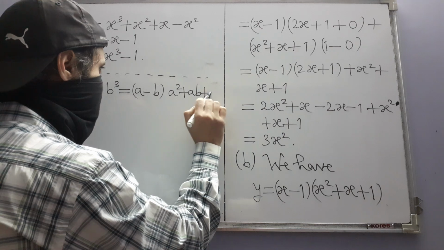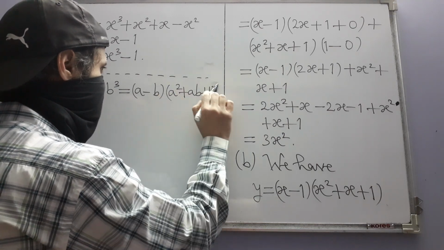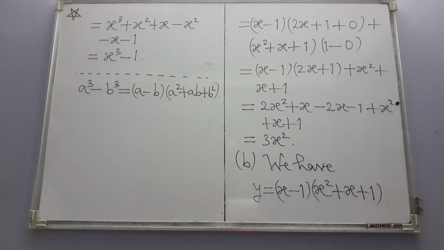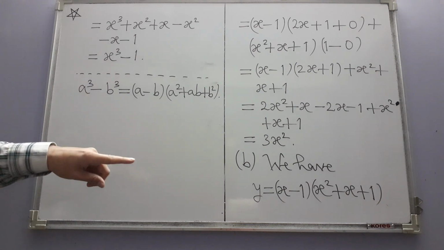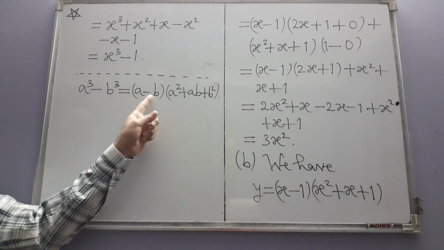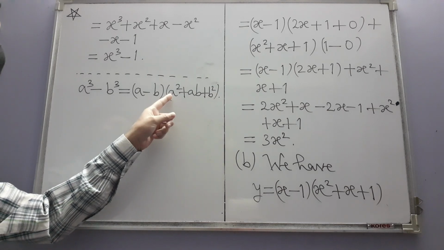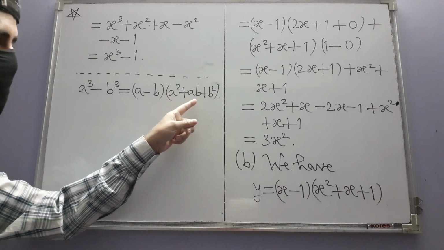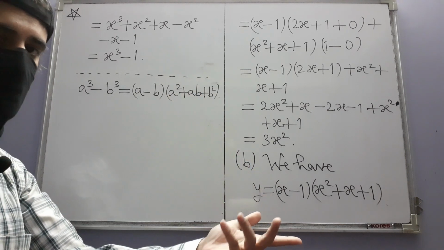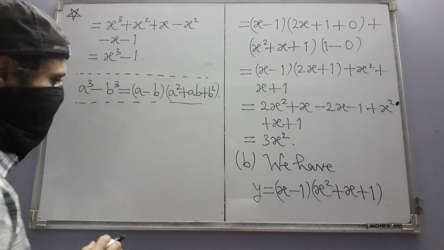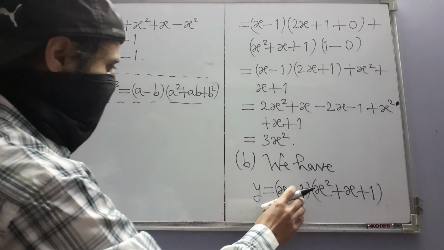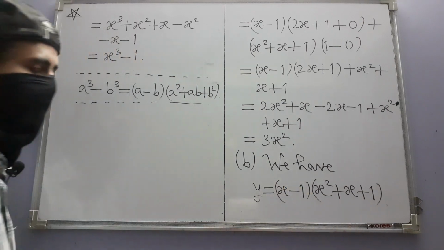A square plus AB plus B square. There is a formula like this. Replace A with x and B with 1. What are you going to get? X minus 1 times x square plus x times 1 is x, and 1 square is 1. Okay, so if you want, you can straight away recall that formula and write x cube minus 1.